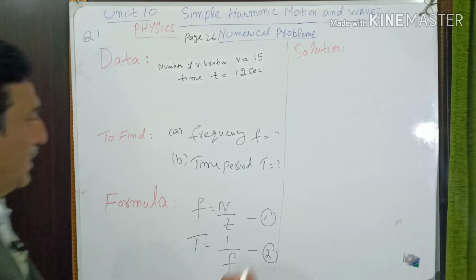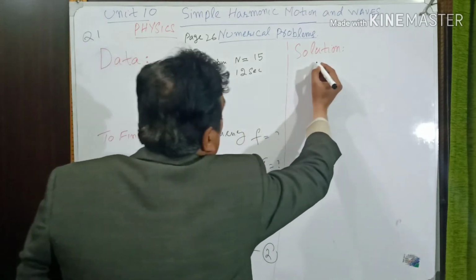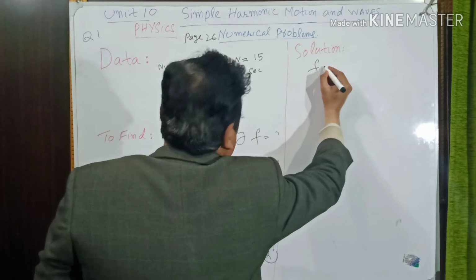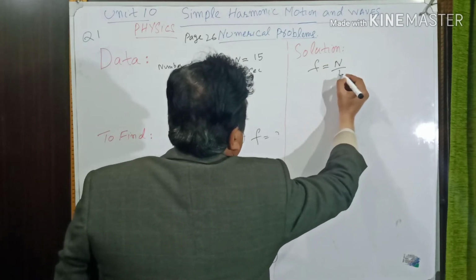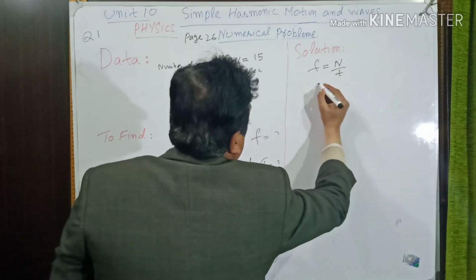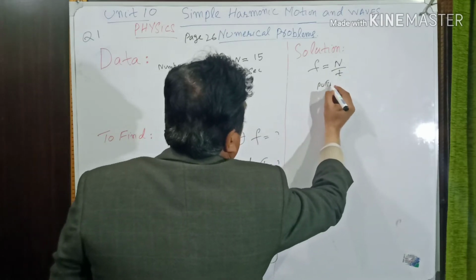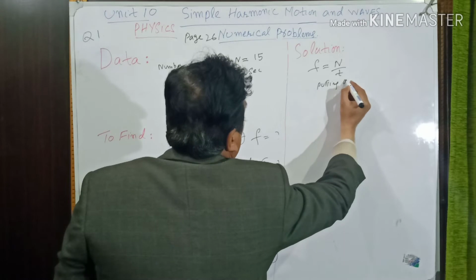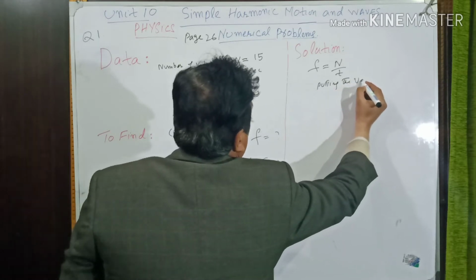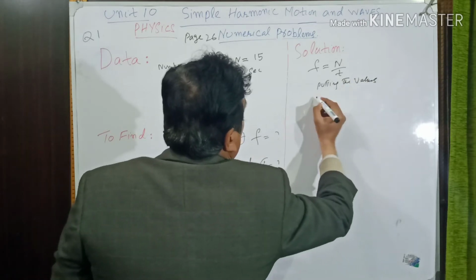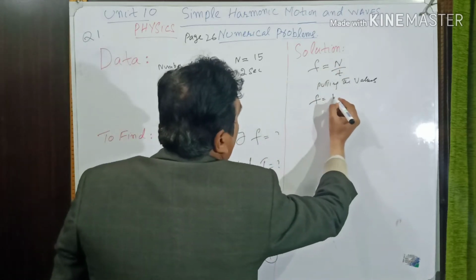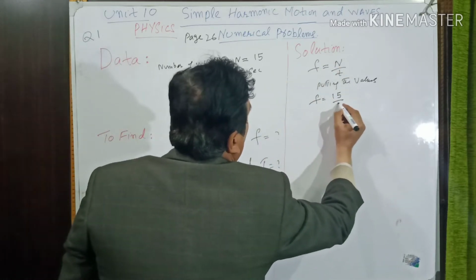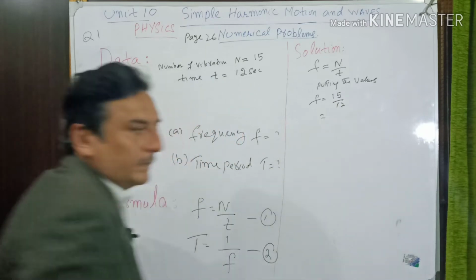Solution. First, we write the formula F is equal to N by T. Now putting the values. F is equal to 15 divided by 12.